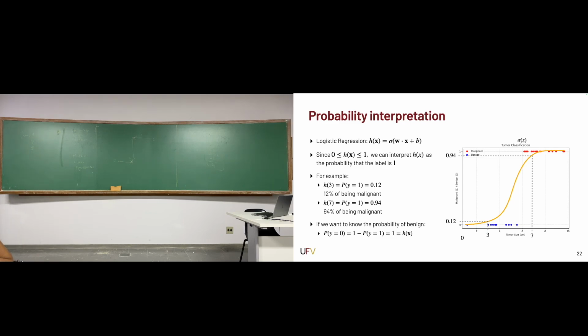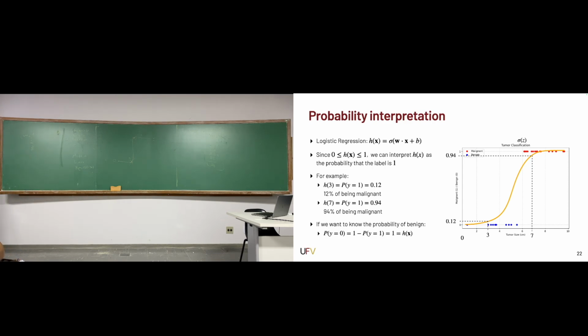It means the probability of the label being equal to 1, which is malignant. So I can read this value of 0.12 as: this example, x equals 3, has a 12% chance of being malignant. This is how I interpret the results of a logistic regression.